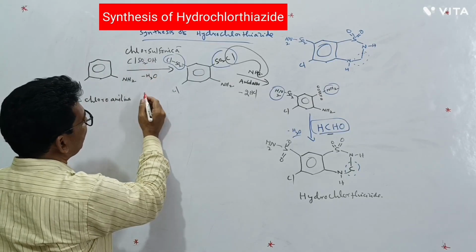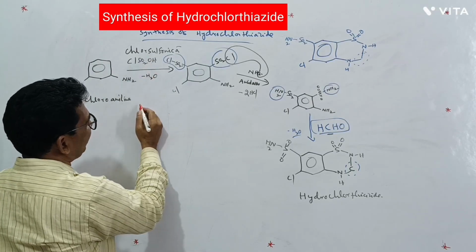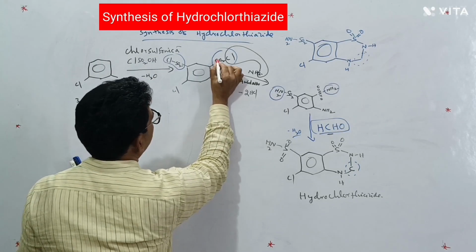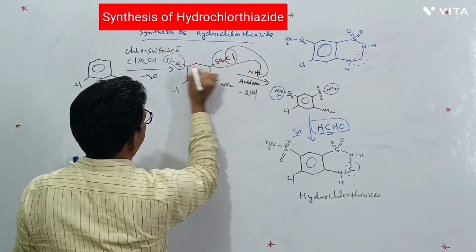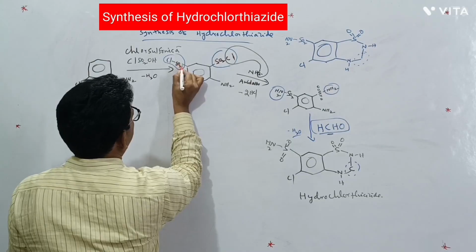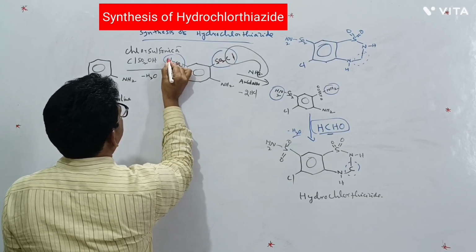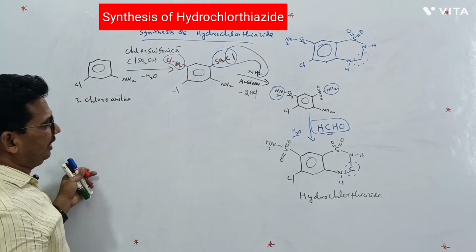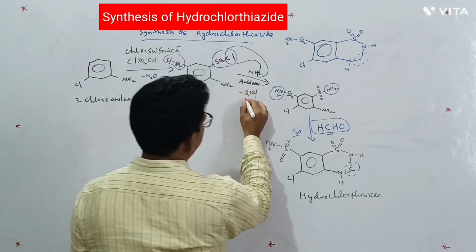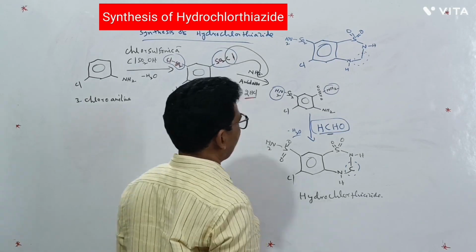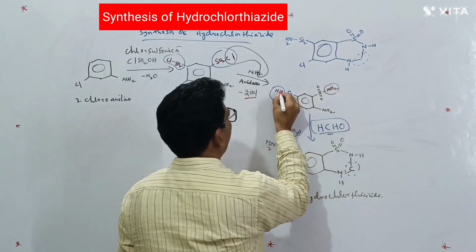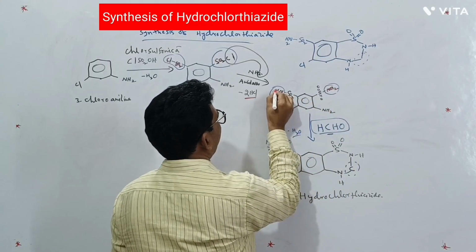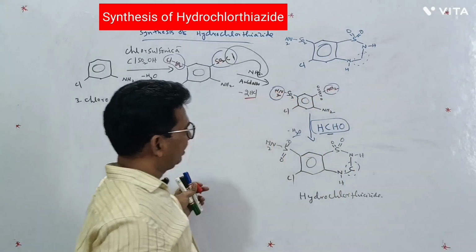It reacts with chlorosulfonic acid to introduce sulfonyl chloride groups, that is SO2Cl, here one and here one. Then it undergoes amidation by relieving water. Then here one amine group and here one amine group are introduced.